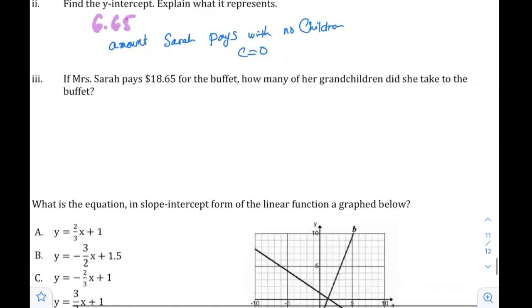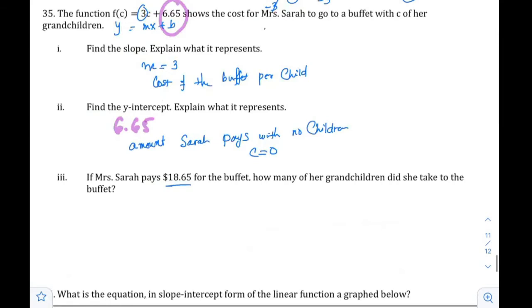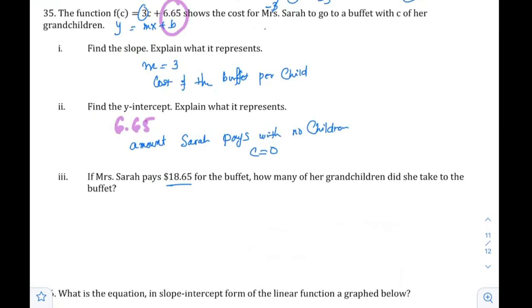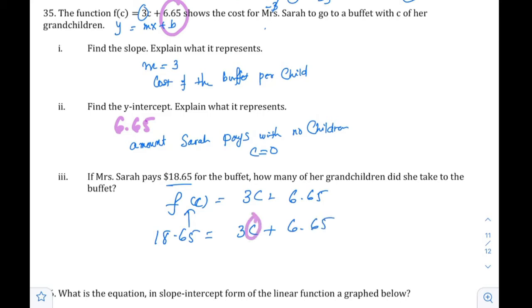If Mrs. Sarah pays $18.65 for the buffet, how many of her grandchildren did she take to the buffet? So I will use this equation that is given, and I will replace the y value by 18.65, and I will solve for the unknown c.